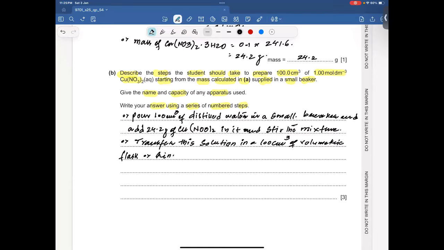Rinse the beaker with distilled water. Transfer the washing.